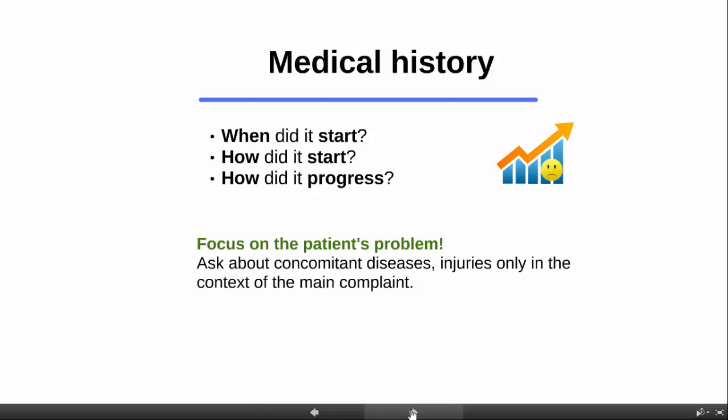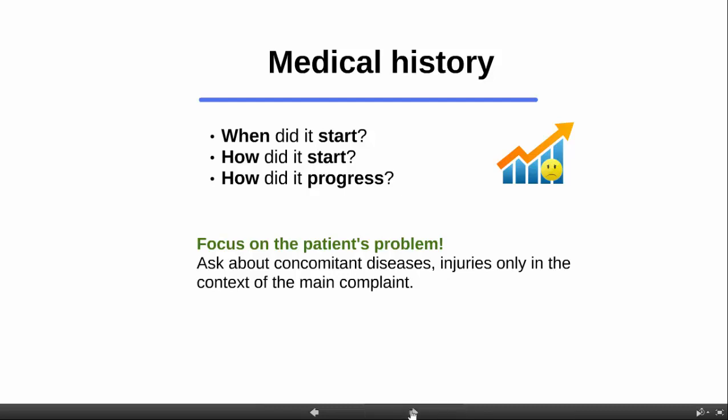I remind you, in family medicine we usually focus on the patient complaint and we usually ask medical history concerning the main patient problem.